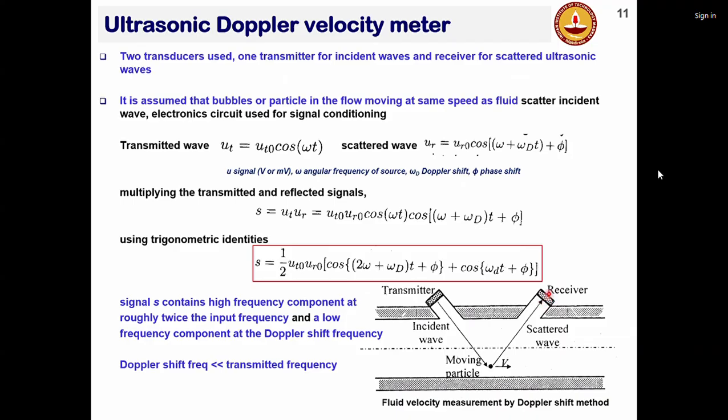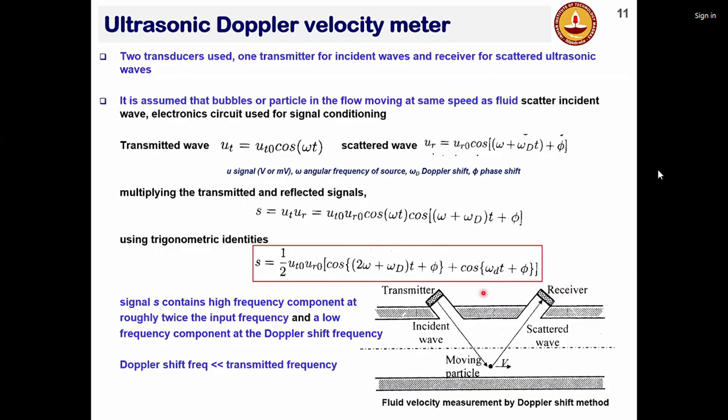This same piezoelectric material, when the waves fall on it, that means the material is undergoing deformation, converts that into some kind of electrical signal, right? So this is basically the receiver. The transmitter converts an electrical signal to a sound wave, and the receiver converts the sound wave into an electrical signal.